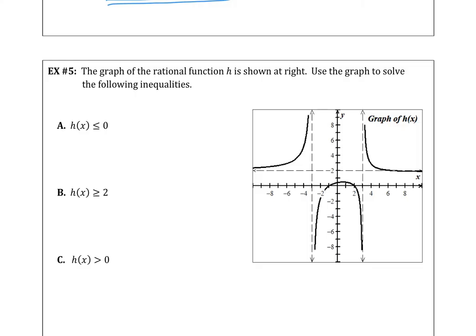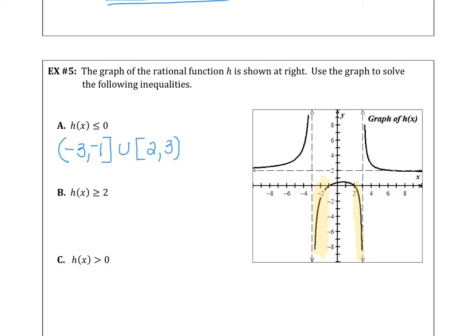So the function is less than 0 or equal to 0 from negative 3 to negative 1, and from 2 to 3. So shading that helped me out. From negative 3 to negative 1, and it includes negative 1, and it also includes 2, and stops at 3.